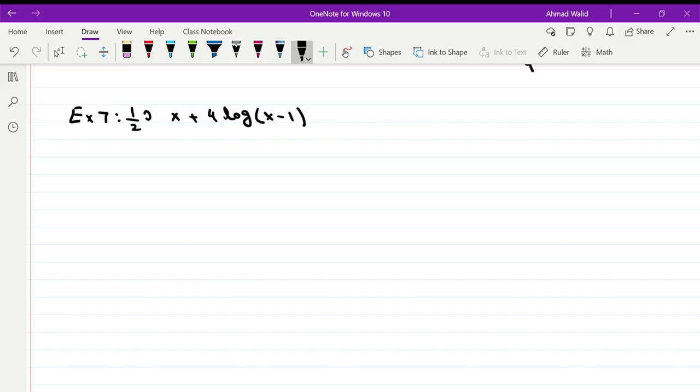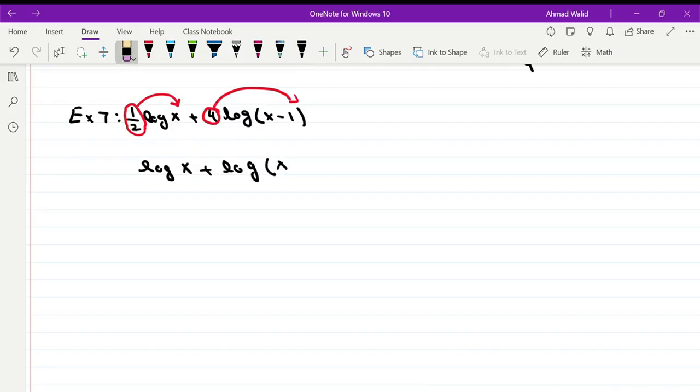1/2 log x. To write as one single logarithm, if you see a number in front of the log, first move this number to the exponent, right? You see I have 2 of them. I'll move them to the exponent. Then I will write log of x to the power of 1/2 plus log of x minus 1 to the power of 4.